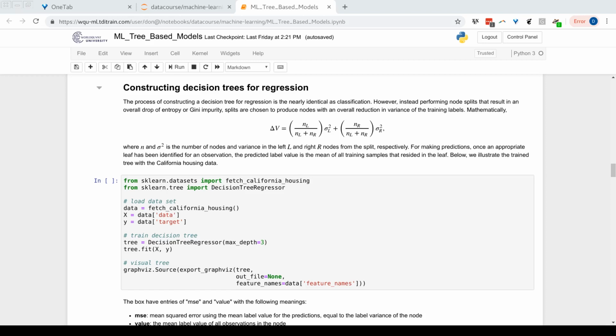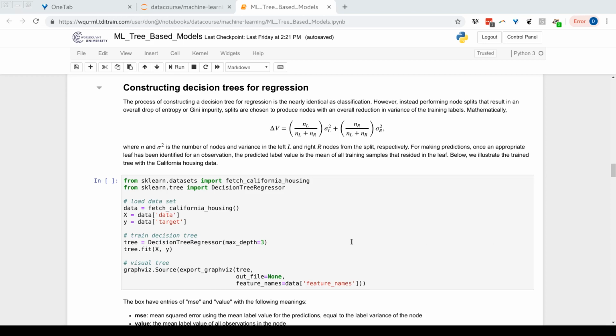And I can measure the overall drop in variability. So what I want to do is create a split in my root node such that there's an overall drop in the variance when I create these two nodes. So I'm looking to create an overall drop in variance.